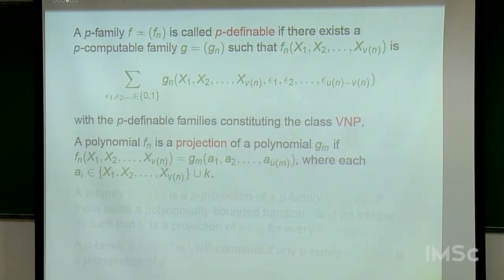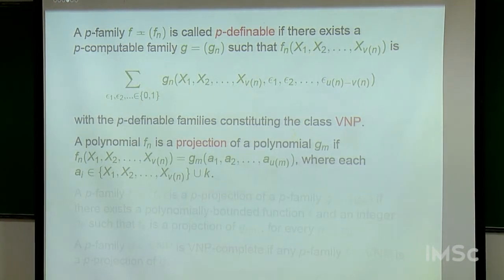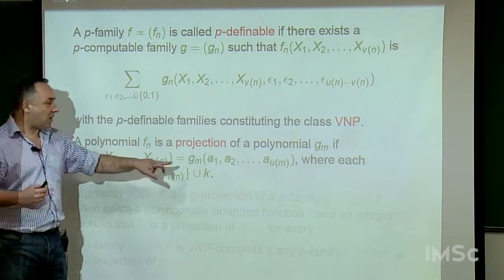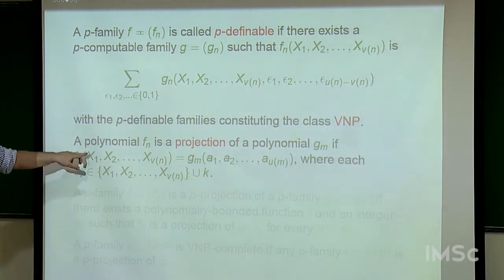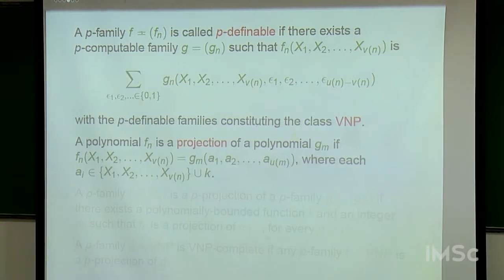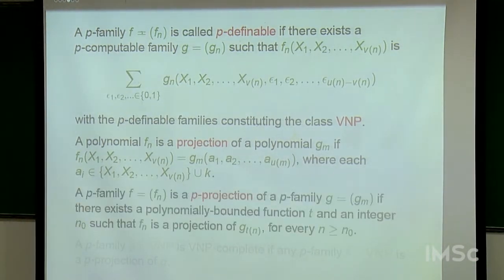We want to look at a reduction to try and obtain completeness results. Well, a polynomial is a projection of another polynomial if we take our other polynomial and we plug in the x's accordingly and maybe throw in some elements of the field, and we can compute f of n using g of m in this way.